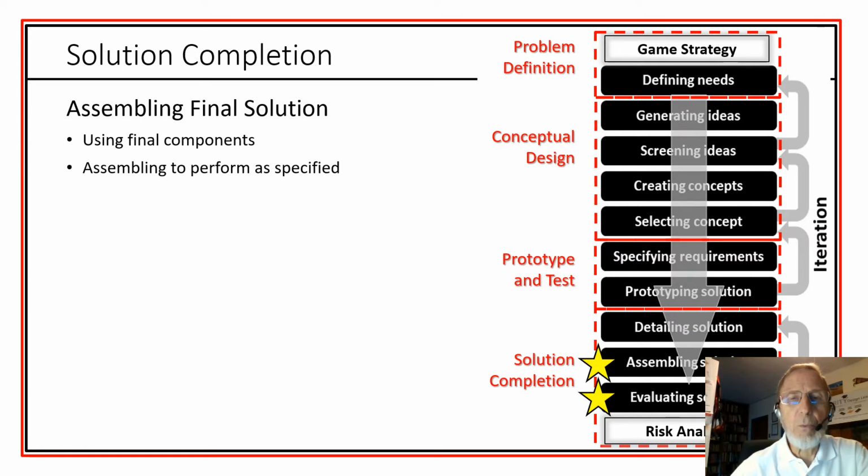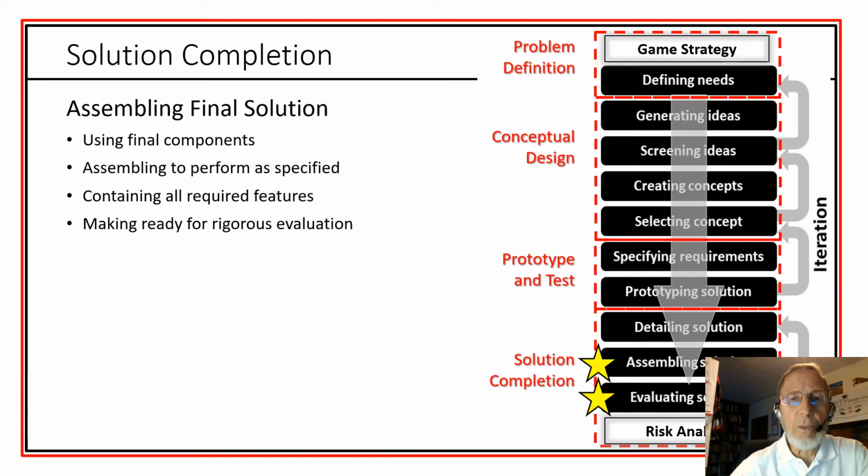As we said, we wanted the solution to perform. We want to be sure that our final solution has all the required features that we said it would contain. And we're also then making sure that it's ready to be tested. We want to rigorously evaluate the solution to make sure that it's ready for use.